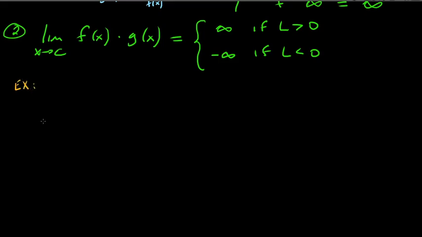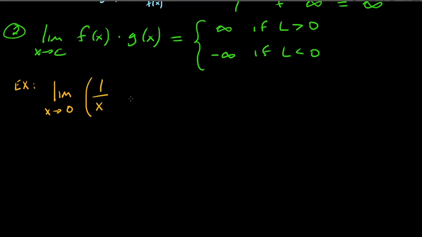it's kind of hard to find a good example of this, but I think I can come up with one. So how about the limit as x approaches 0 of 1 over x cubed. Nope, can't be x cubed, right?